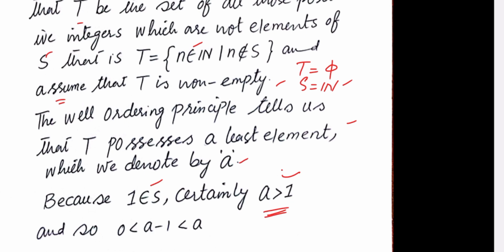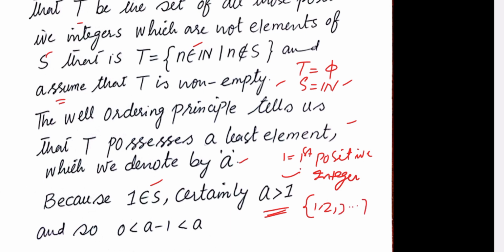As you know, 1 is an element of S and 1 is the smallest positive integer. This is the first positive integer. When you write the positive integers, the first is 1, second is 2, third is 3.